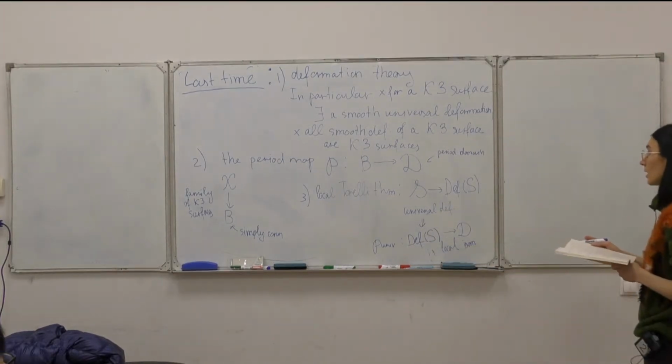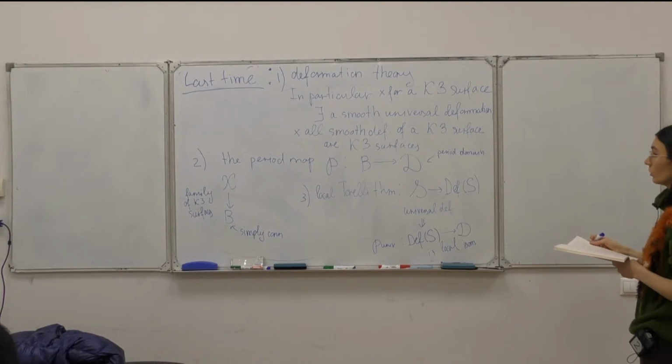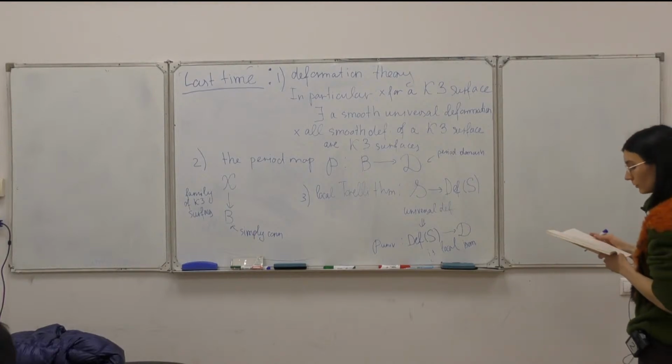Okay, and today I want to define the so-called global period map that is defined for marked K3 surfaces.